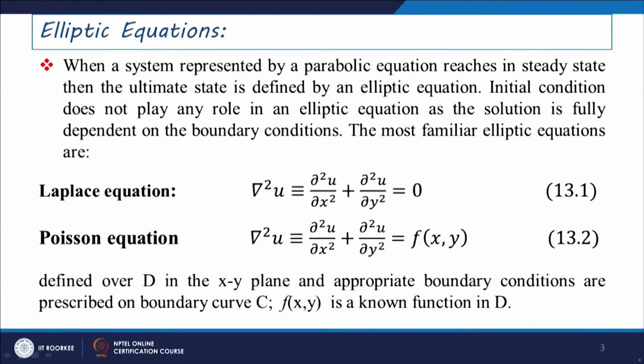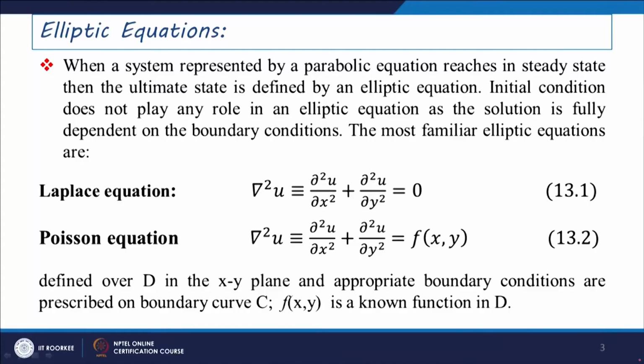If we represent a parabolic equation, then when it reaches a steady state, since in two dimensions, whenever we deal with parabolic equations, it is written in the form del u by del t equals del square u by del x square plus del square u by del y square.